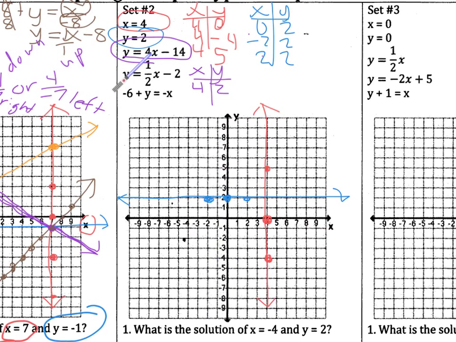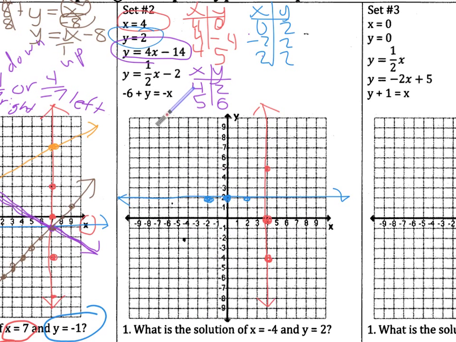So let's try 5. So 4 times 5 is 20. 20 minus 14 is 6. So I chose 5 for x, but my y value came out to be 6 by the time I subtracted 20 minus 14. So right there for the purple line, 4 and 2 and 5 and 6 are good enough. It'll work.